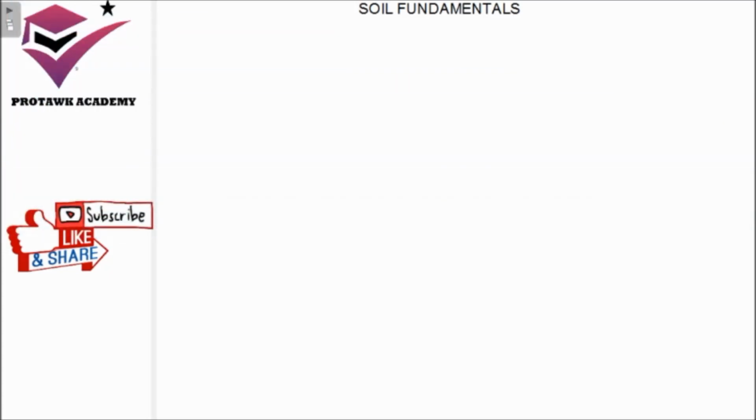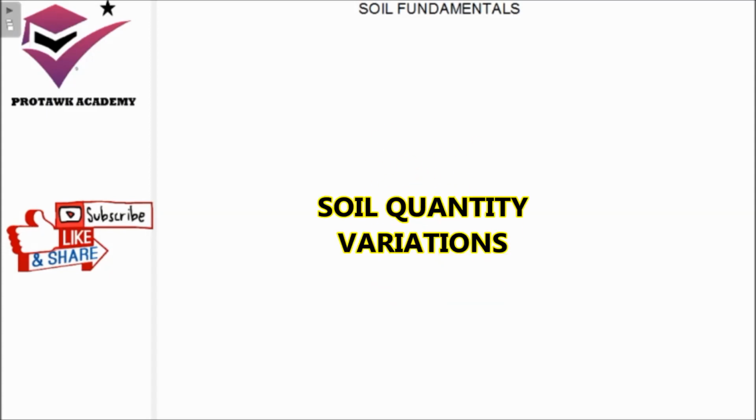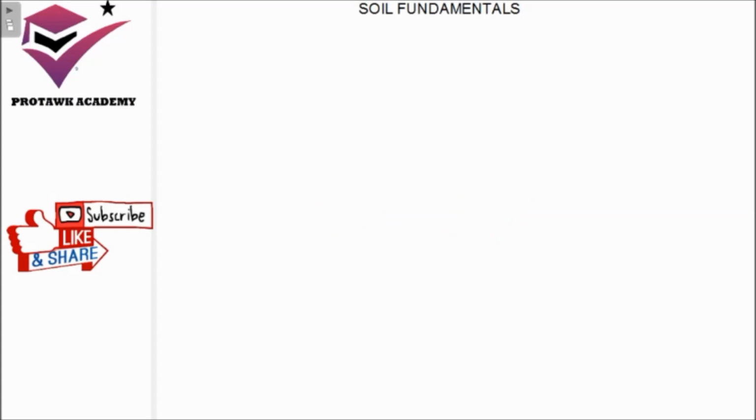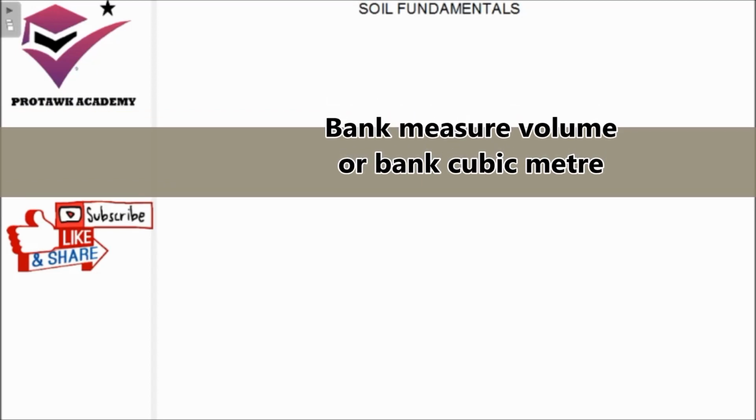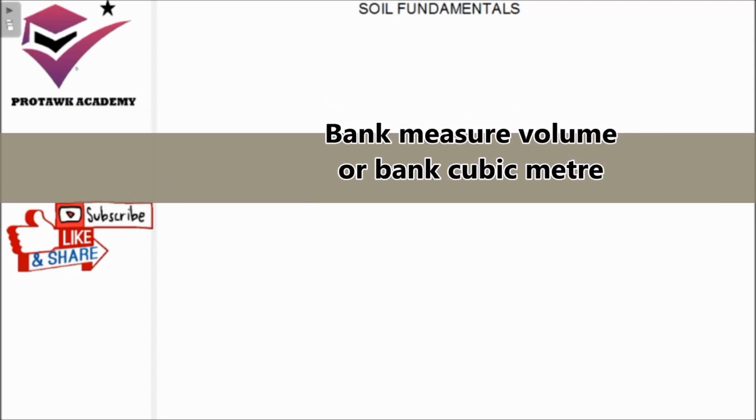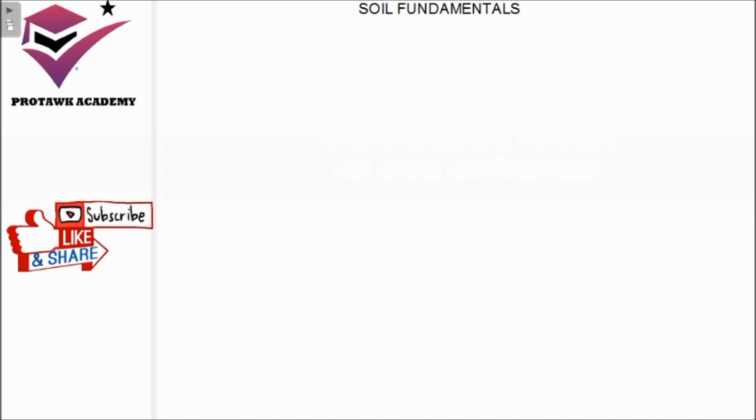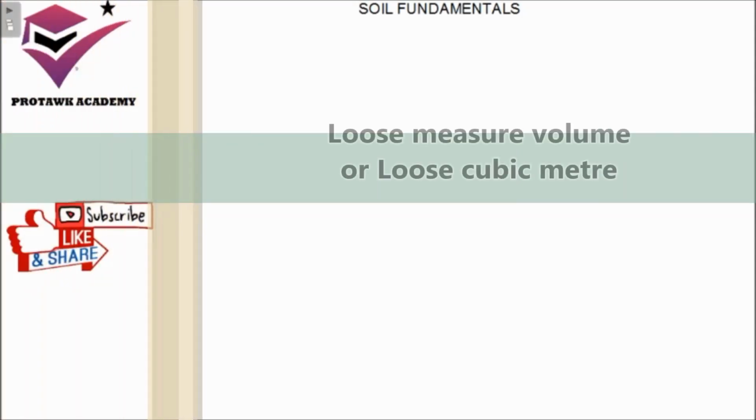So today we'll start by defining some quantity variations, because under normal circumstances, when a soil is undisturbed or has not been touched, we are talking about its bank volume, or bank measure volume, or bank cubic meter. But when we loosen the soil or excavate it, it is now referred to as loose measure or loose cubic meter.